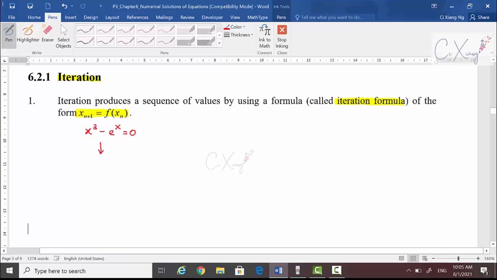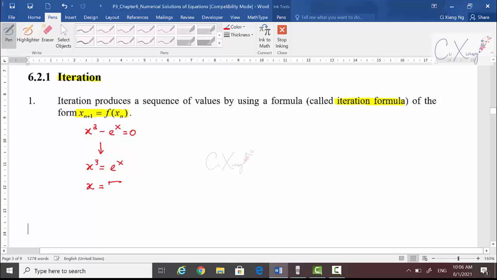From x^3 minus e^x equals 0, I can move e^x over. Because I want only x on the left hand side, I bring the cube over and it becomes a cube root.